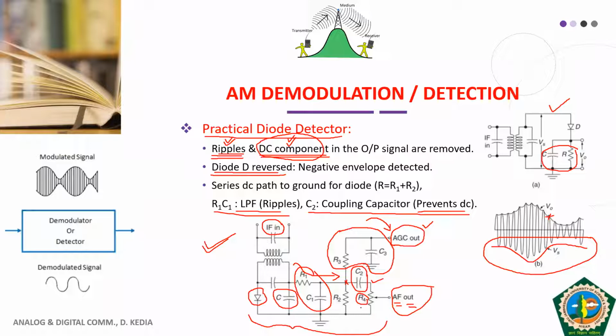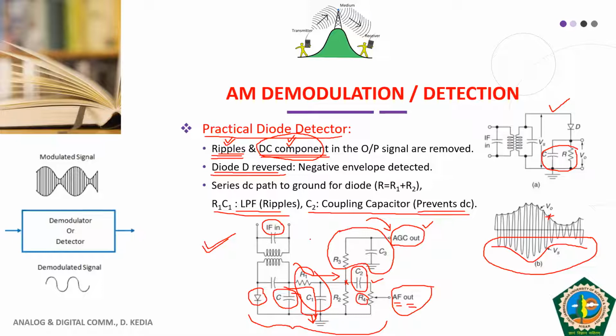Whatever ripples enter into our input circuit, those ripples will be grounded through this R1 C1. And some of the spurious components also pass through this C1, and all those ripples will be grounded. So this way your ripples will be moved to ground through R1 C1. Fine. I hope this is clear to each and everyone.